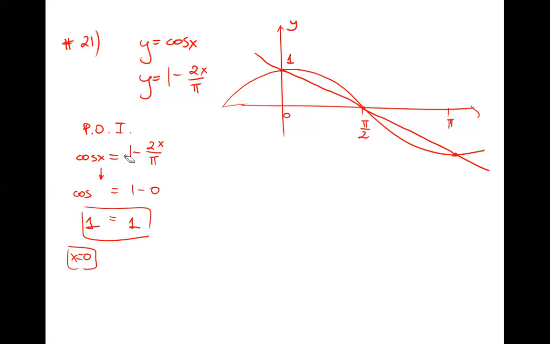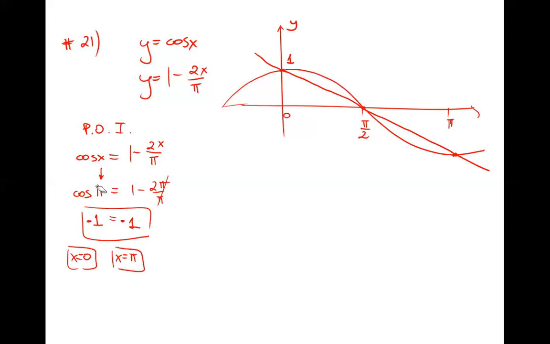Because if we put pi instead of x, cosine at pi is negative 1. 1 minus 2 is also negative 1. That means x equals pi works also.